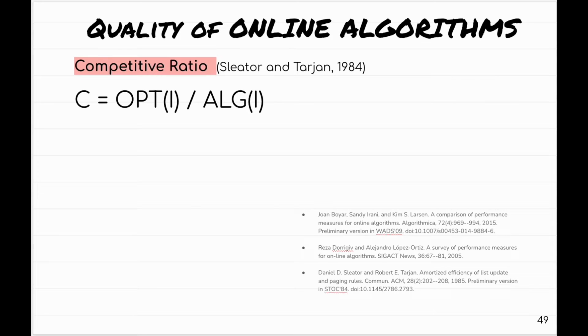So, most of the online algorithms are judged according to their corresponding competitive ratio. This is introduced by Sleator and Tarjan in 1984. There are also several papers that you can read about competitive ratio. Most of them are using competitive ratio or competitive analysis in providing analysis for online algorithms.